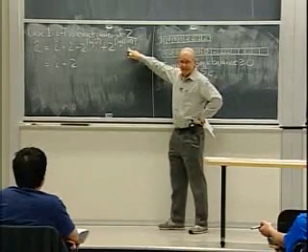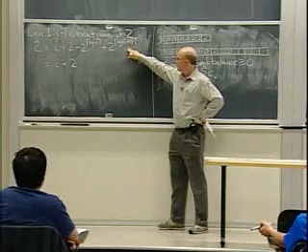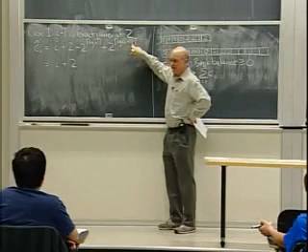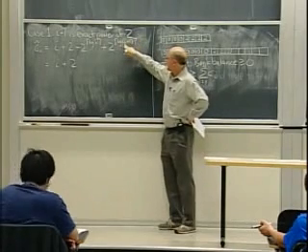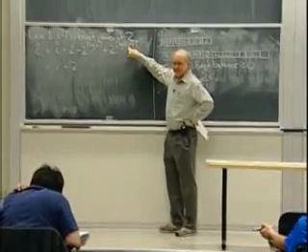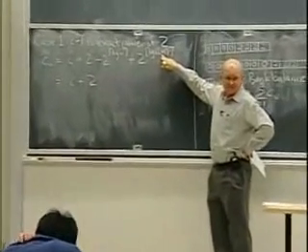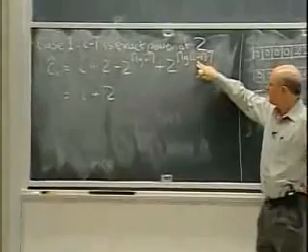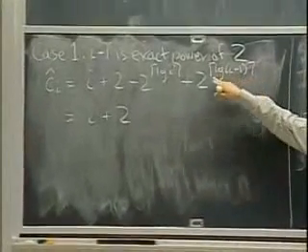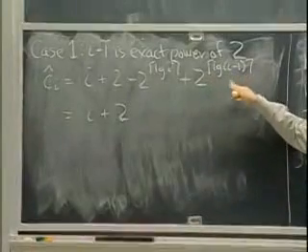Okay, so what is this one? This is 2 to the log of i minus 1, because the ceiling, if this is an exact power of 2, then ceiling of log of i minus 1 is just log of i minus 1.